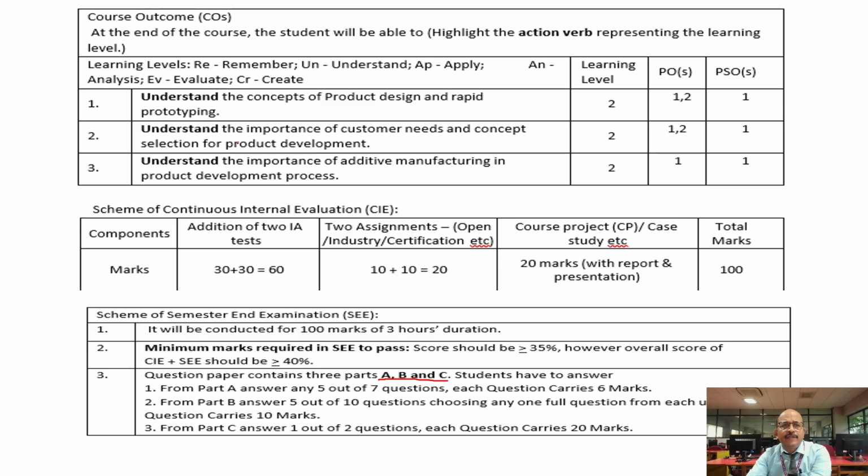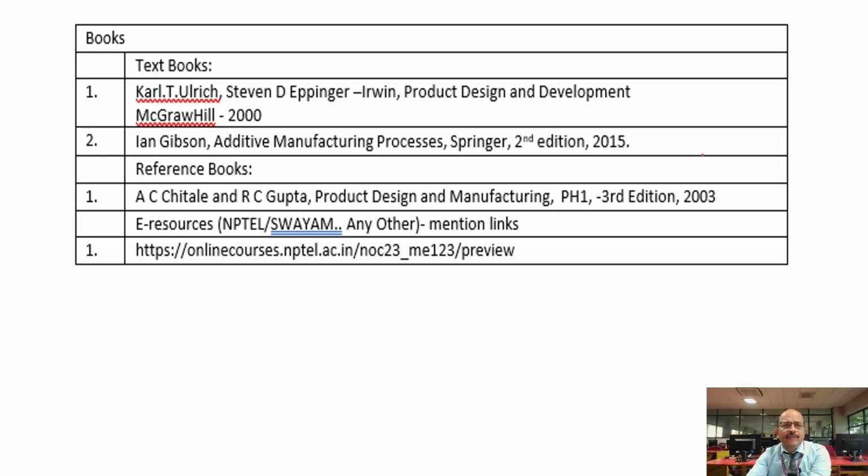Even though it is written as level 2 of understanding, we can achieve level 3 with some case studies for this subject. The important textbooks mentioned for this subject are by the authors Karl Ulrich, Ian Gibson, A.C. Chitale and Ajay Gupta, and some online NPTEL courses we also have for this subject.